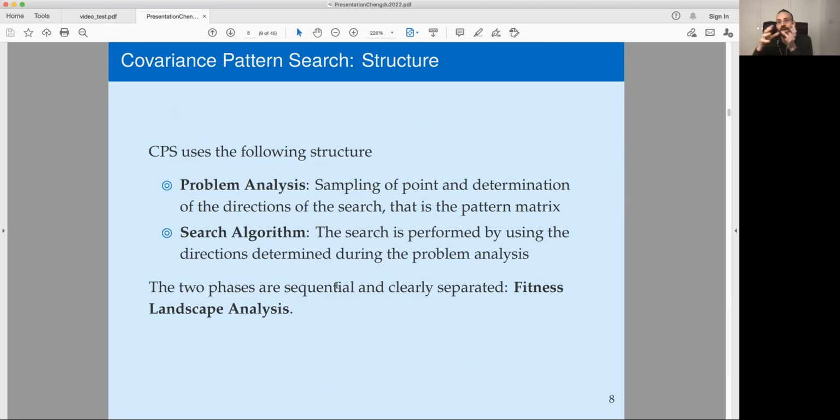And only when we have these directions, then we may start the search algorithm. This problem analysis is fitness landscape analysis, which is a term which you might find in the literature.